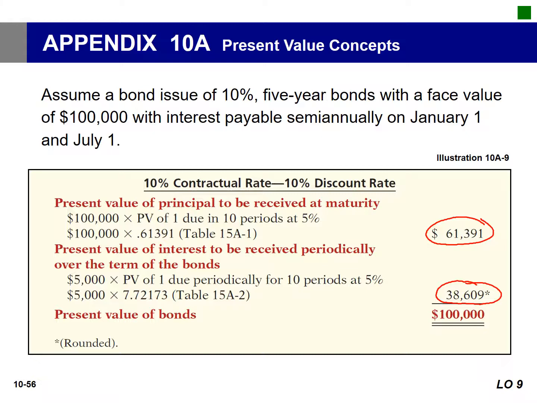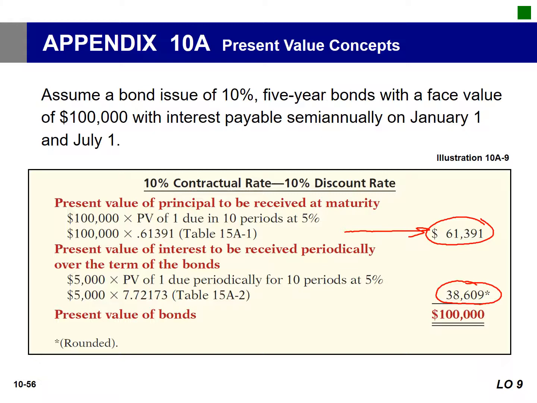If you'll remember back in Appendix G, we calculated present value using those two tables, the present value of one table, which is the present value of a single amount, and we looked at the present value of an annuity of 1. Well, we would use the present value of one table to calculate the present value of this single amount.